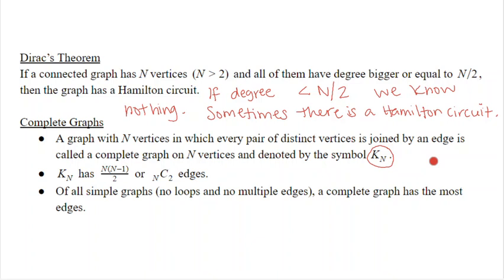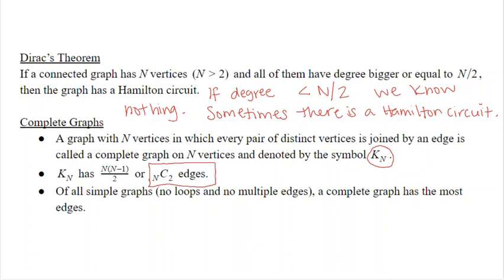Now, we have a nice little formula to figure out how many edges are in a complete graph. And that is just n choose 2. Or if you remember back to your combination formulas, n choose 2 is the same as n times n minus 1 over 2.